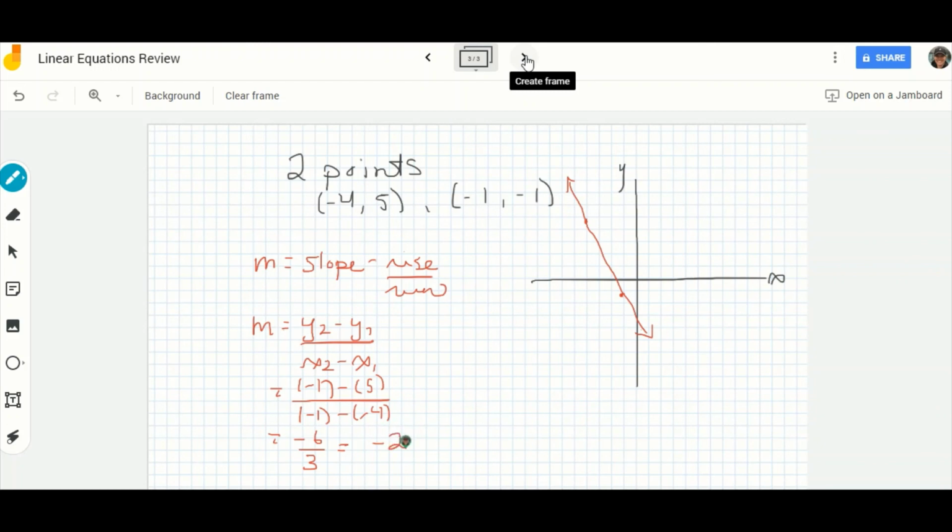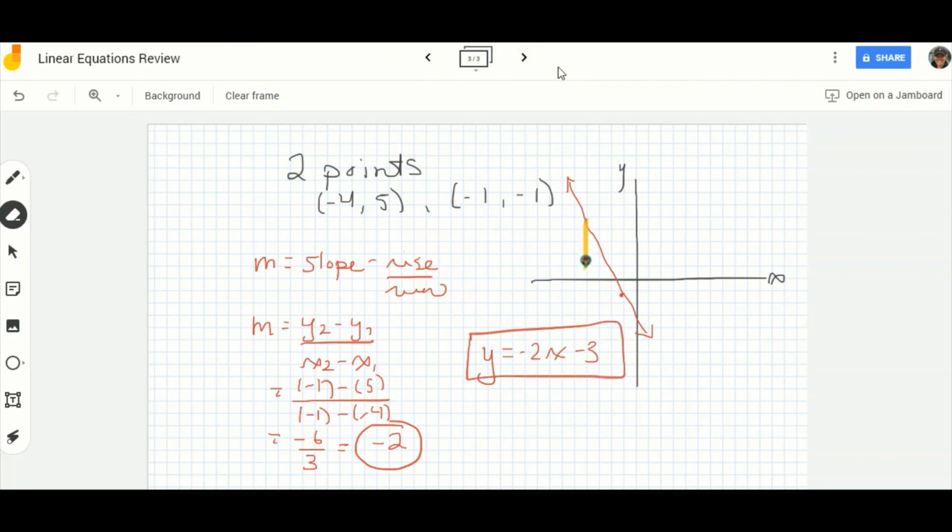And I can see that that negative 2 was the same as my slope because I was using y equals negative 2x minus 3, with the slope of y2 minus y1 over x2 minus x1.